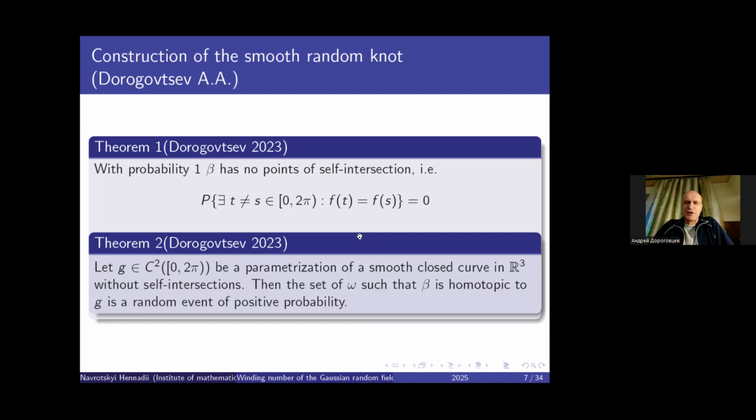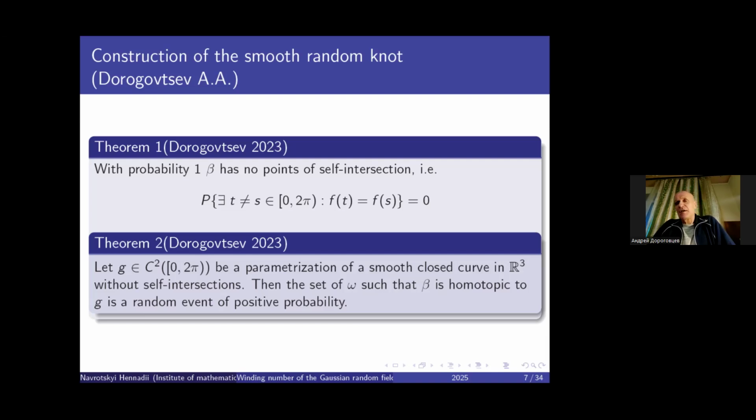Maybe I will answer. So, first of all, Gennady told that the winding number of the projection is related to the number of approachings, to the number of those bridges. You are absolutely right that the number of bridges, which is actually some reformulation of the three-dimensional winding number, is closely connected to the energy of the knot.